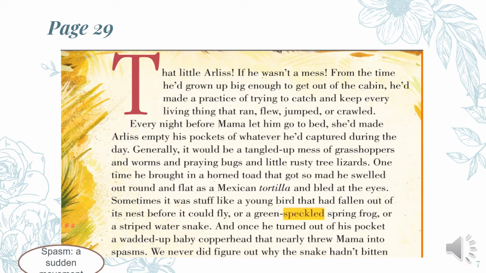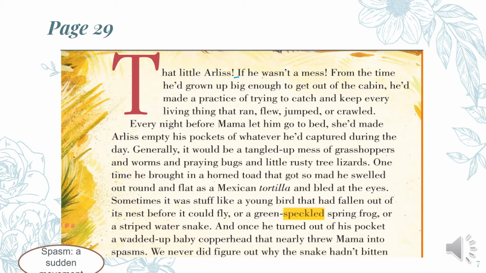So let's read that little Arliss, and then an exclamation mark. So this sentence is said in a strong voice. That little Arliss, if he wasn't a mess, so he's a chaotic person. From the time he'd grown up big enough to get out of the cabin, the cabin is their home, he'd made a practice of trying to catch and keep every little thing that ran, flew, jumped, or crawled.